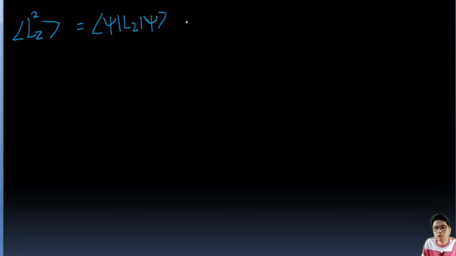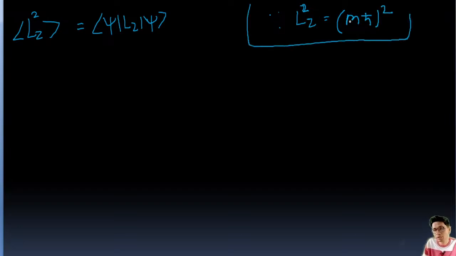Yes, here we know the value of Lz square is going to be L into, sorry, it's not correct, my apology. It is going to be m h cut, where m is the magnetic quantum number, m h cut whole square. So this is the value, you need to note it, very important. Then we will be able to solve it.